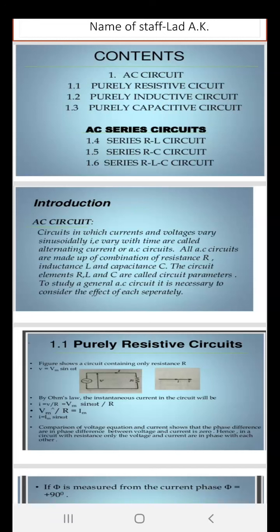The figure shows a purely resistive circuit containing resistance. V is equal to Vm sin omega t.